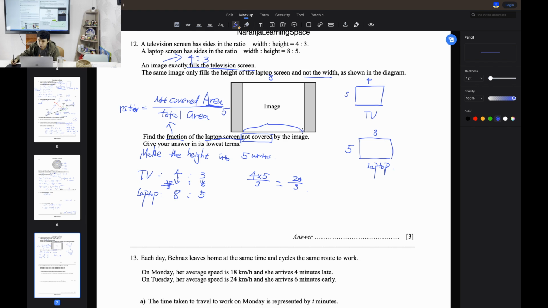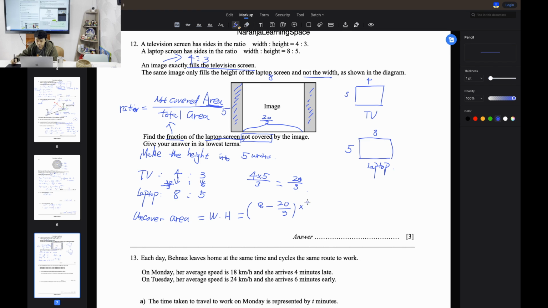This is 20 over 3. Now we got to compare the width. Okay, this portion and this portion, the total area, right? Let's say uncovered area equals to width times height, equals to width is 8 minus 20 over 3, correct?